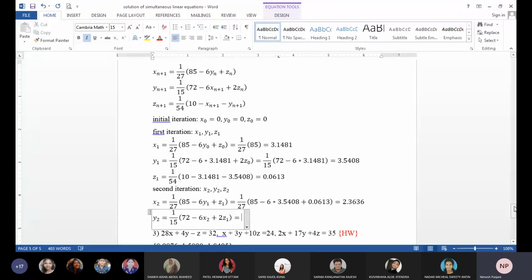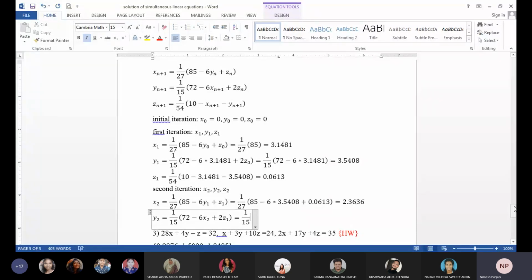Okay, y2 will be 1 upon 15 times 72 minus 6x2 plus 2z1.